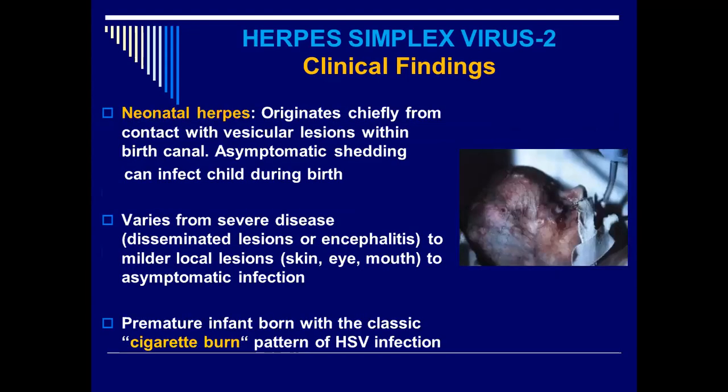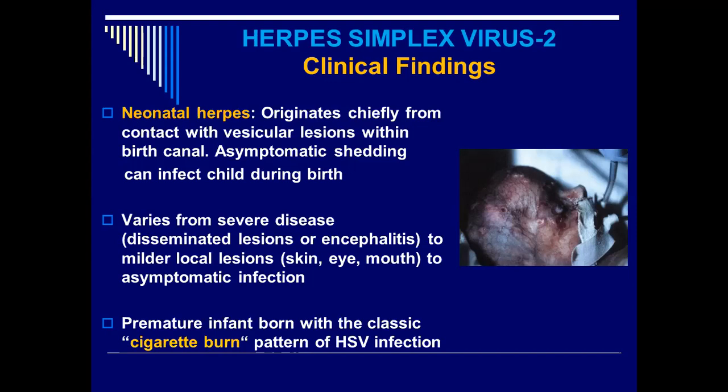Now, neonatal herpes is another disease caused by HSV2, and it originates chiefly from contact with the vesicular lesions within the birth canal. So if the mother is infected with HSV2, the antibodies can also cross, but the mother has the virus in the birth canal, so the baby can acquire this infection from the vesicular lesion present in the birth canal.